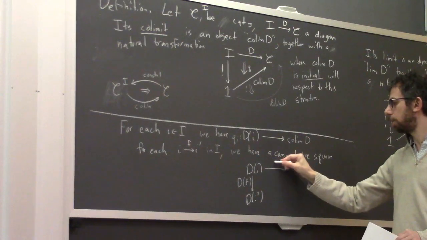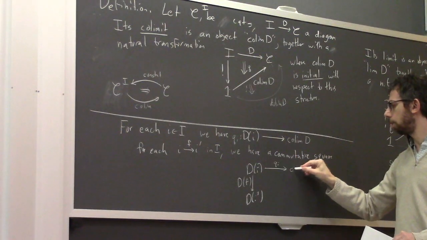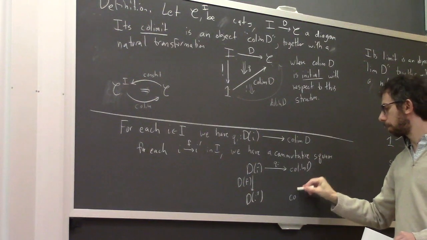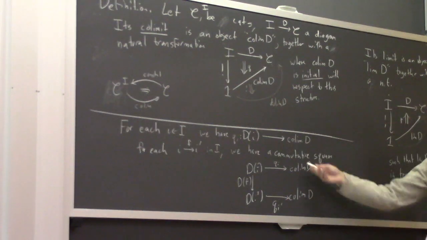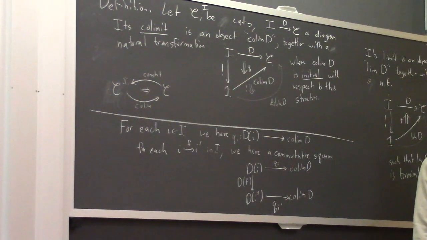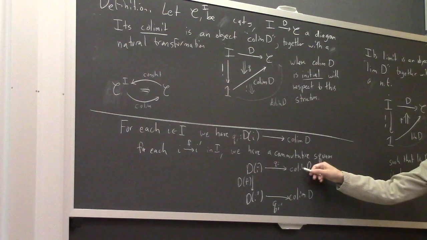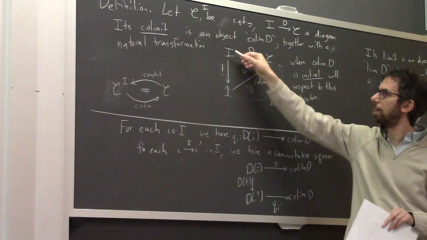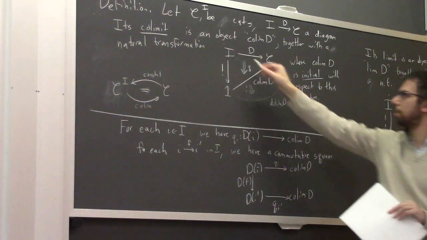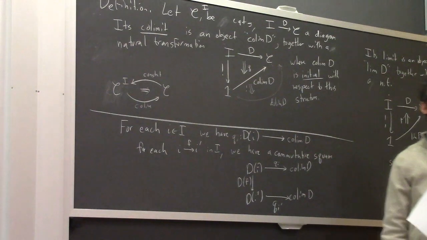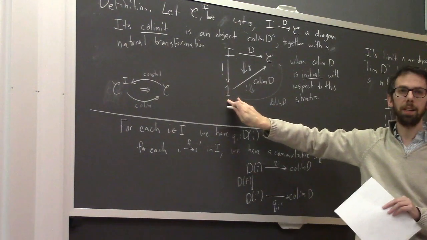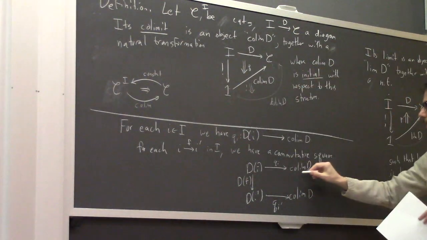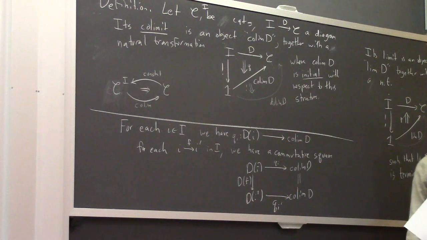And then we have a map called Q sub I that goes to colim D, and a map called Q sub I prime that maps to colim D. And then what should we have here? Well, we're supposed to have this functor applied to f. But if I have an f in I, every morphism in I gets sent to the identity there. And the identity always gets sent to the identity, so this gets sent to the identity on colim D. Okay, so we're saying that this commutes.